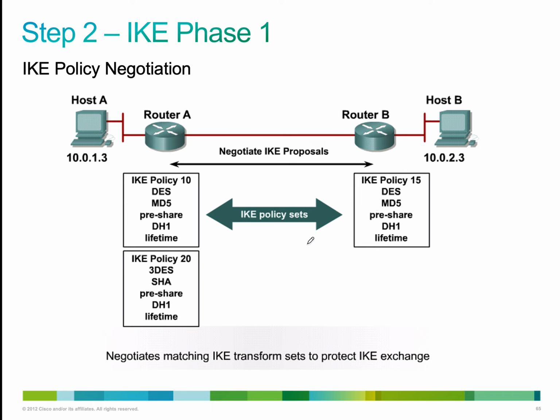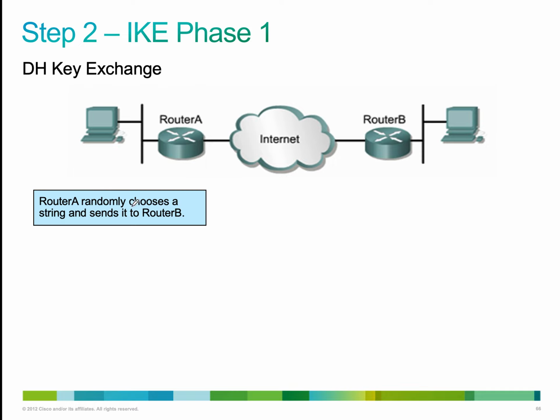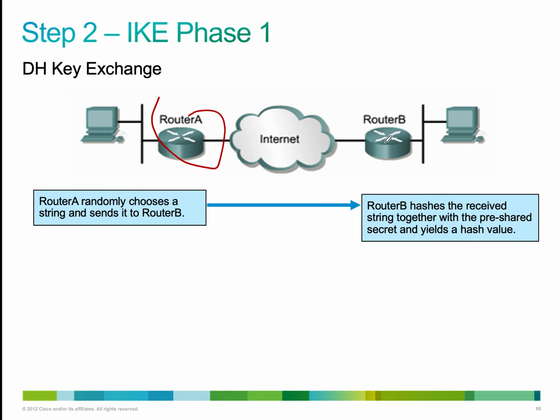If they match, they will transform this into policy sets. Okay. Now, IKE phase one, the DH key exchange. Router A randomly chooses a string and sends it to router B. Router B hashes the received string together with the pre-shared secret and yields a hash.